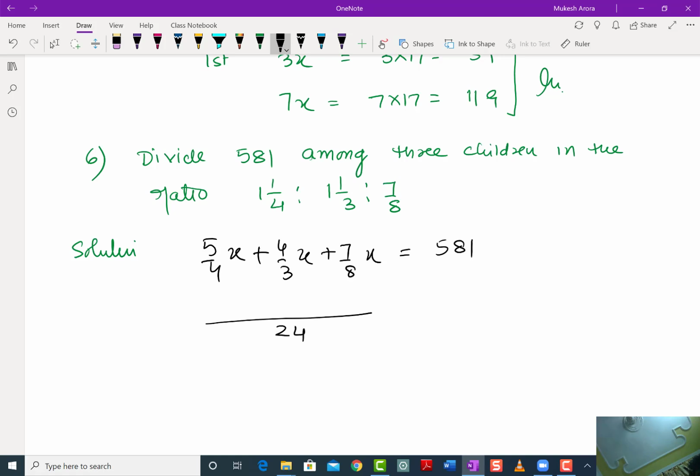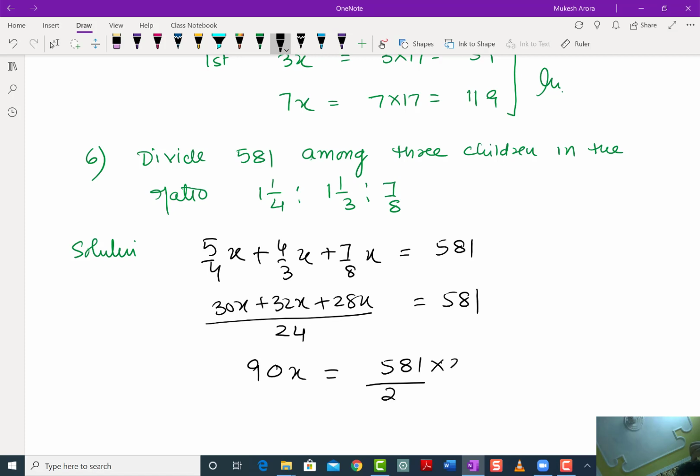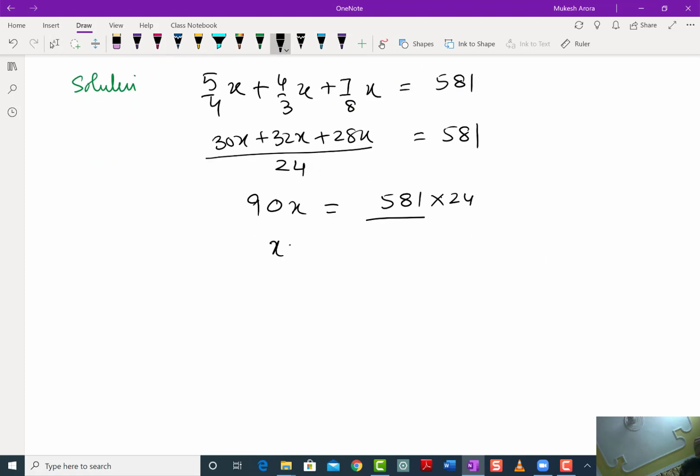LCM 24: 30x, 32x, 21x, so 83x by 24 is equal to 581. So x is equal to 581 into 24 by 83.